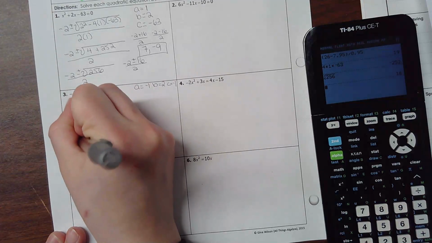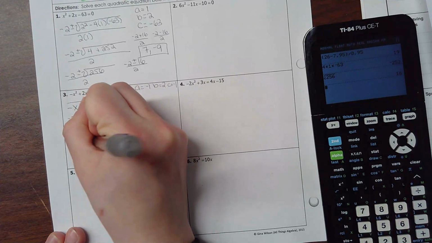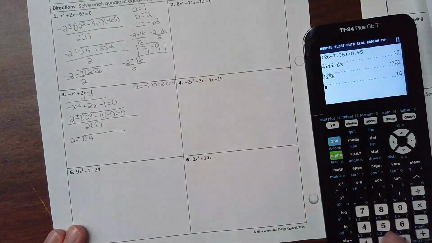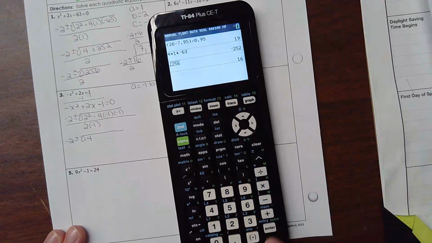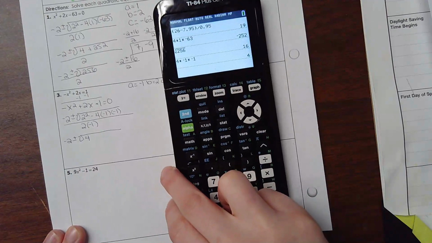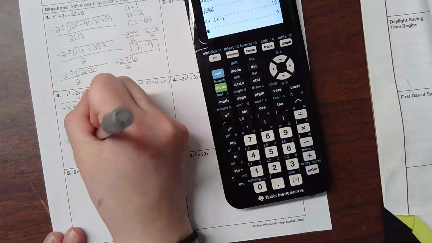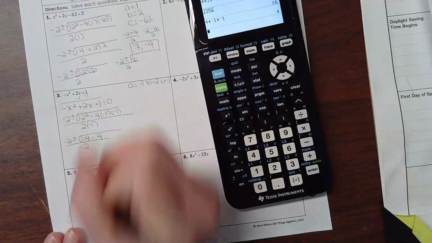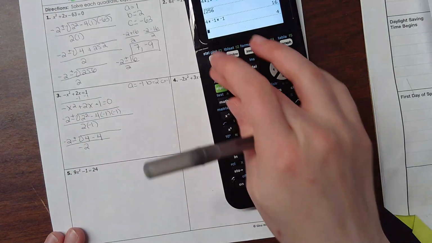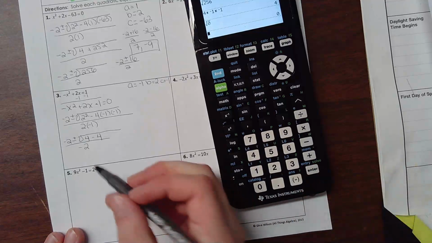So negative 2 plus or minus, so that's 4. So let's plug this in. It's going to be 4 times negative 1 times negative 1. So that's another 4. So 4 minus 4 over negative 2. This is the square root of 0, which is 0.